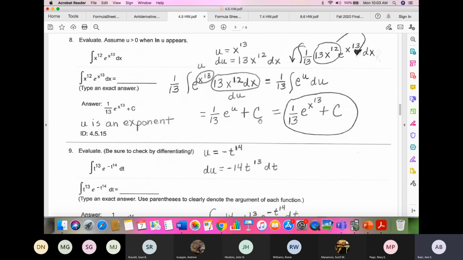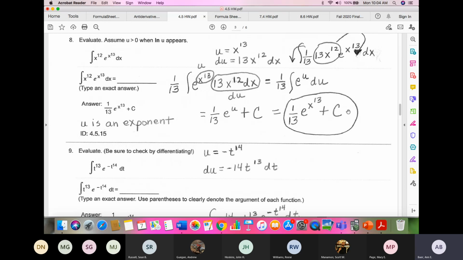And we add our constant of integration on at the very end. We don't have limits of integration to plug in, so this is an indefinite integral. So we need to add our constant of integration. And this is what we get. 1/13 e raised to the x to the 13th plus a constant of integration.